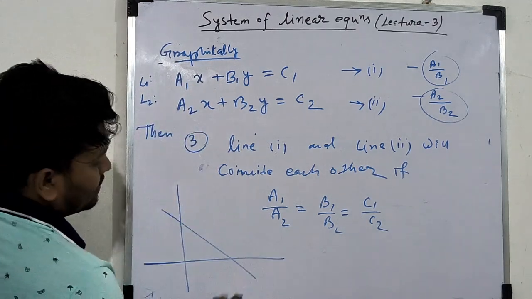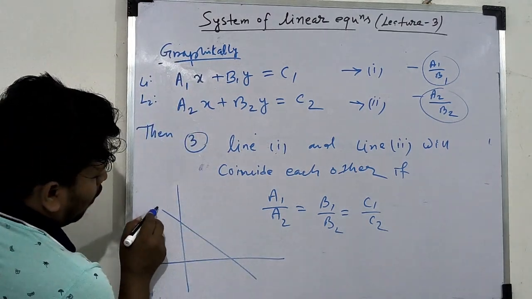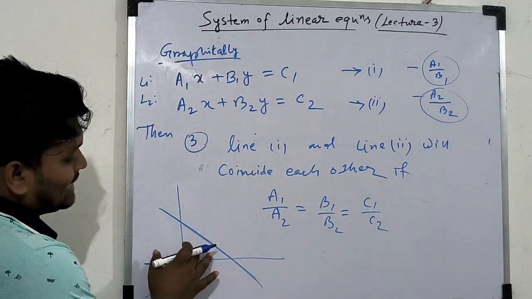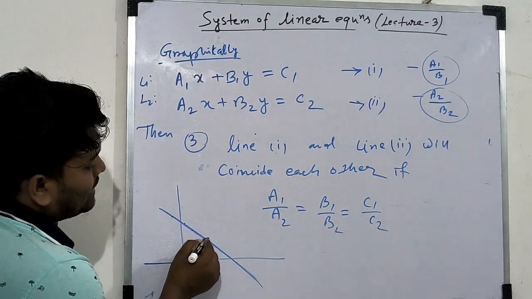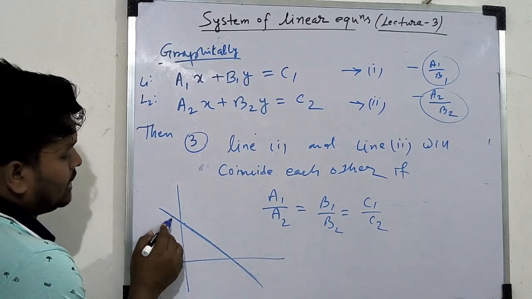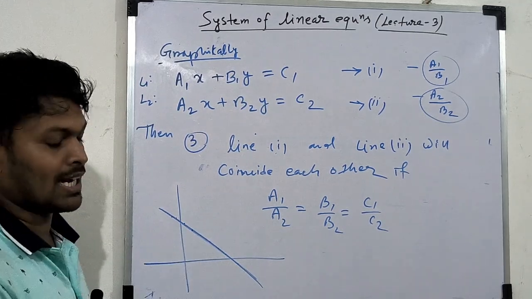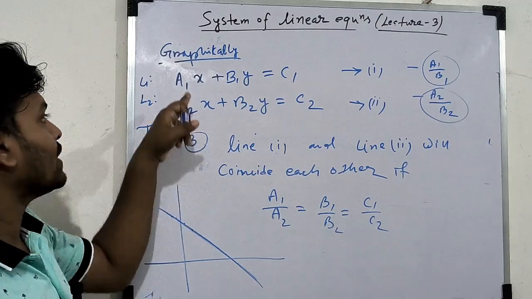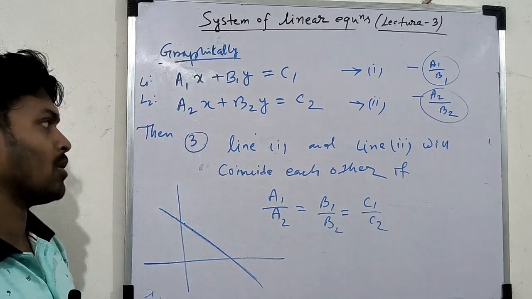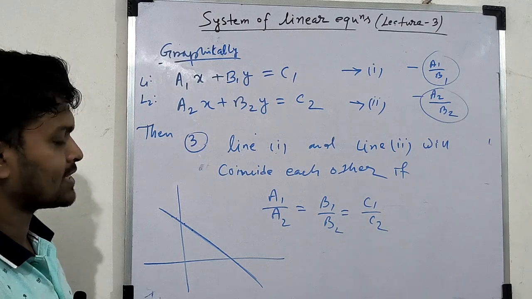That is, if this is the first line, then on this line the second line will be there. In that case, each point is an intersection point between these two lines, therefore each point on this line will be a solution, and the system with these two coincident equations has an infinite number of solutions.